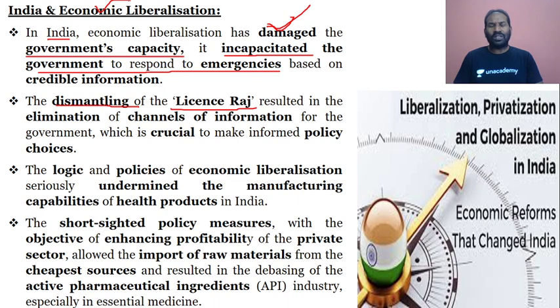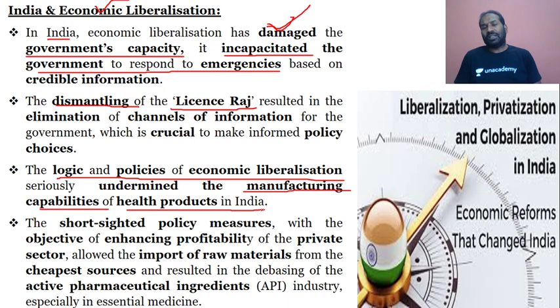The capacity to respond to the emergencies? Government's capacity to respond to emergencies has reduced, and the logic and policies of economic liberalization have seriously undermined the manufacturing capabilities, specifically focusing on health products in India. Because the pharmaceutical industry in India is the one which is supplying or exporting medicines or medical equipment across 200 countries.